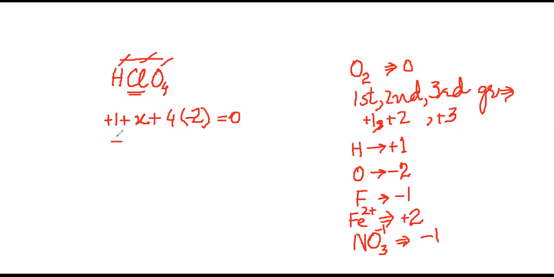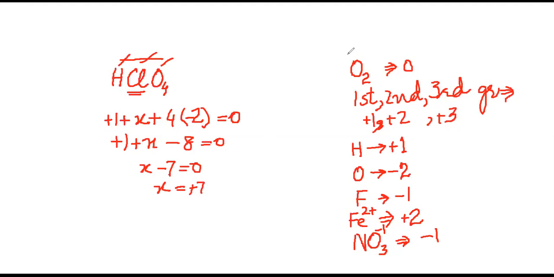So plus 1 plus X minus 8 is equal to 0, X minus 7 is equal to 0, and X is equal to plus 7. So the oxidation number of chlorine in HClO4 is plus 7.